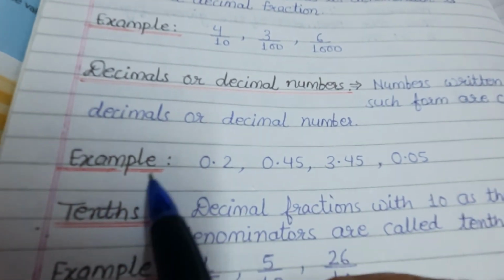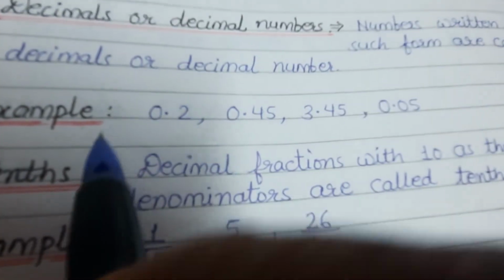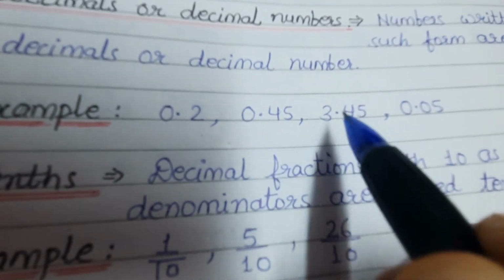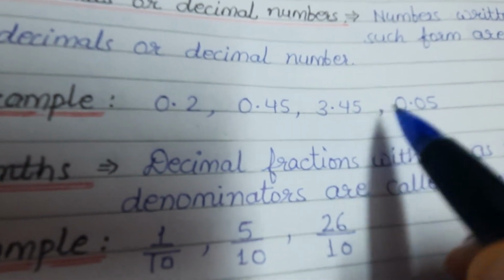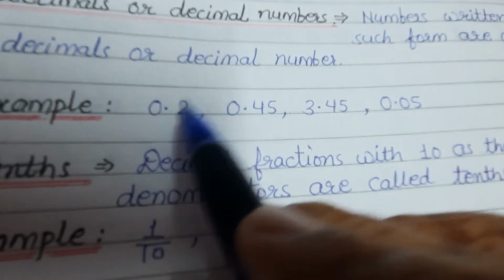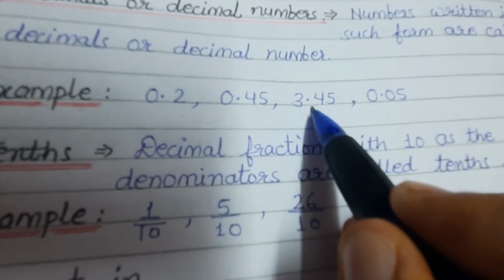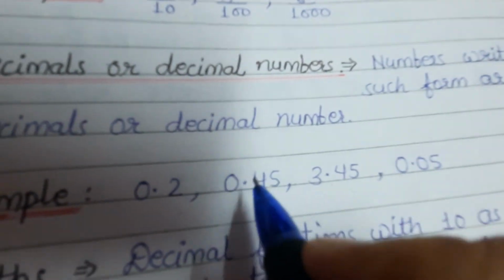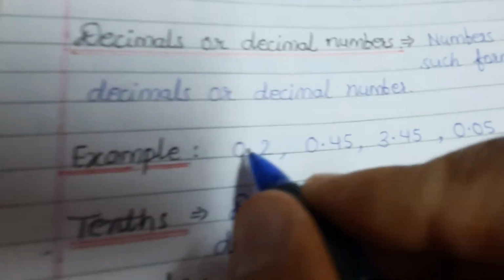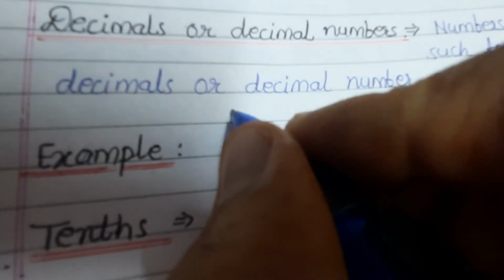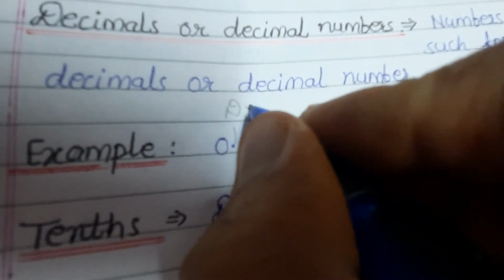See, in example, here is 0.2, 0.45, 3.45 and 0.05. So, in all we can see decimal point. So, these numbers are called decimal numbers. Now, in this, the point is called decimal point.